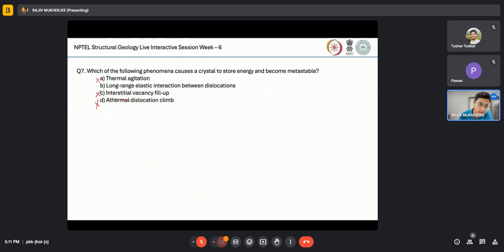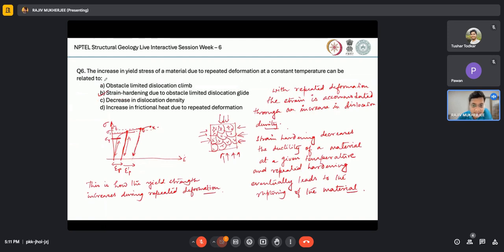So what is remaining is the long-range elastic interaction between dislocations, and that's what we discussed in the previous question, right? In question 6 we talked about strain hardening. In strain hardening you're increasing the dislocation density, and if you keep on increasing it, the dislocations with the same sign or polarity will repel each other.